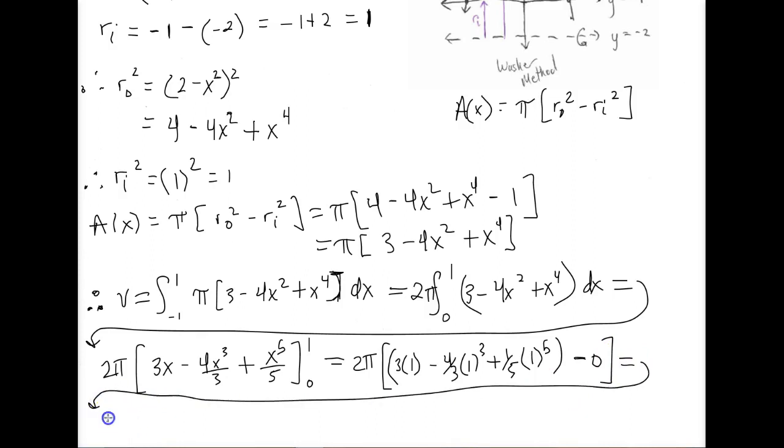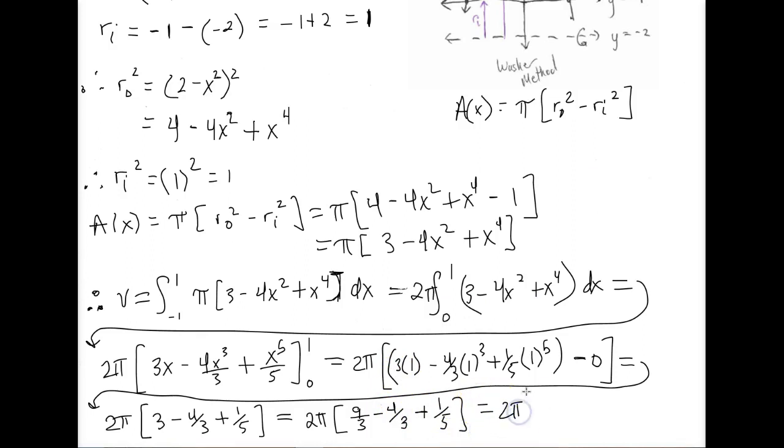So from there, we have 2 pi times (3 minus 4/3 plus 1/5). And then we just simplify from there. We know that 3 is the same thing as 9 over 3, minus 4 over 3, plus 1/5.